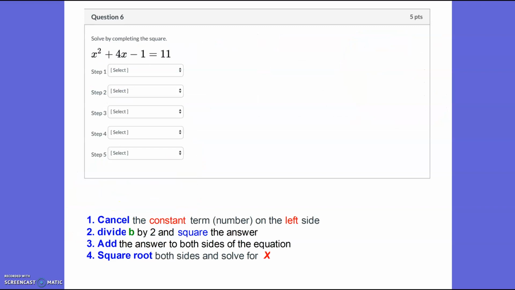So for this one, it's saying solve by completing the square. So to complete the square, we're going to follow the steps below. The first step says cancel the constant on the left side.